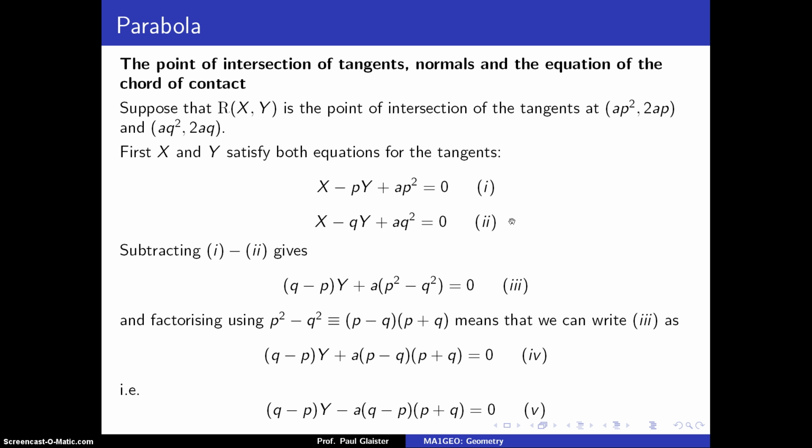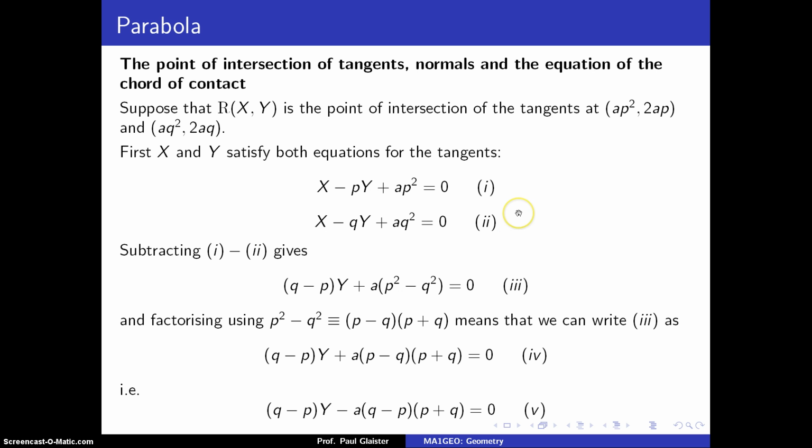Because (X, Y) is the point of intersection of those tangents, (X, Y) lies on each of those tangents. In other words, X, Y satisfy these two equations. So 1 and 2 merely represent the fact that (X, Y) lies on both tangents.